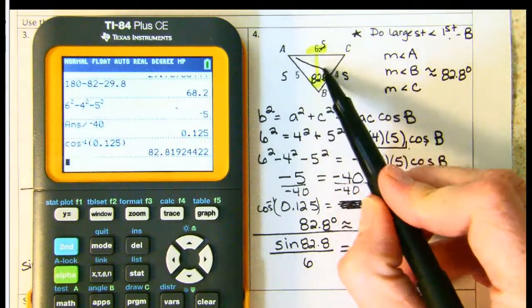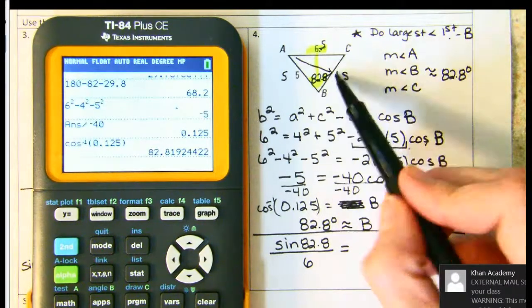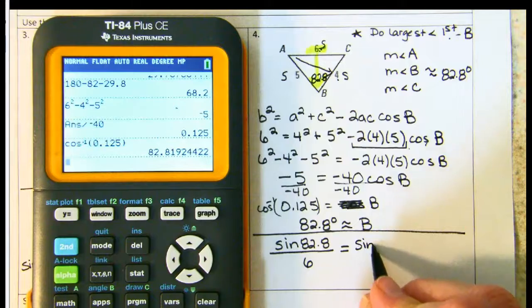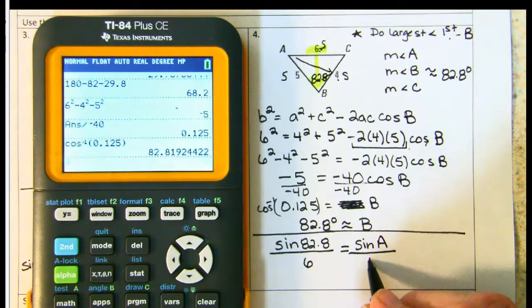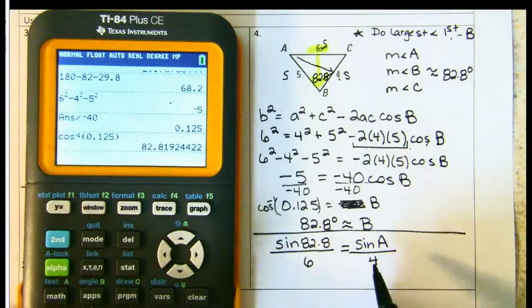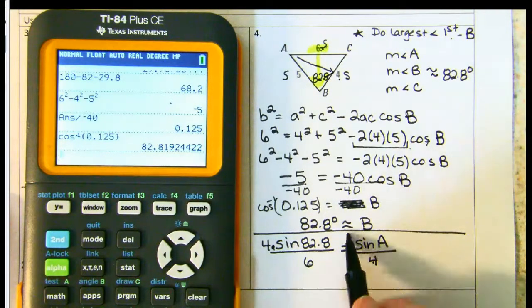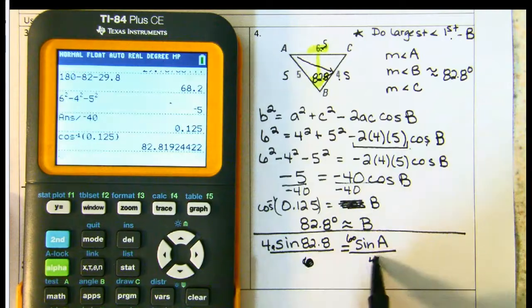Opposite of A is 4, so here's A. So we're going to say sine angle A corresponds to 4. And we're going to cross multiply. Since I'm running out of room here, I'm just going to cross multiply 4 up here and 6 up here, so those will disappear.